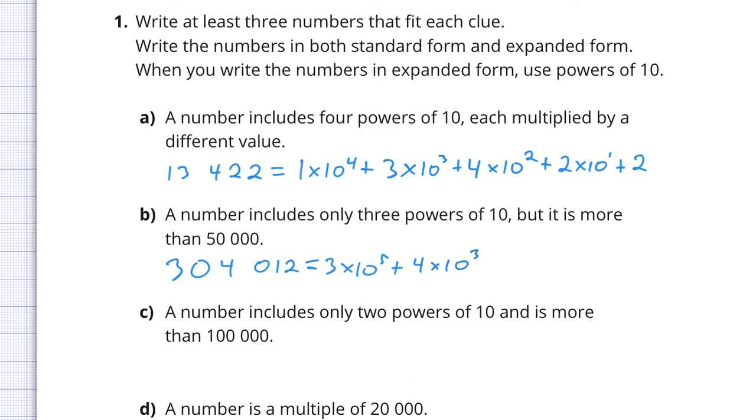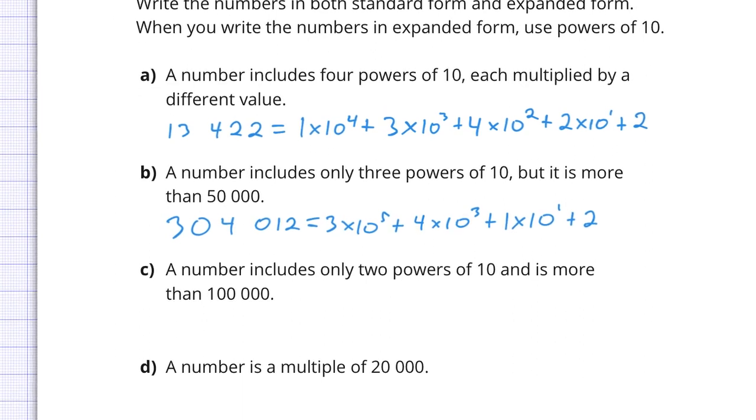We're times 1,000. Plus 1 times 10 to the power of 1 plus 2. So again, we only included the ones that had value. So we have 3 groups of 100,000, 4 groups of 1,000. We had 1 group of 10, and then one lonely ones spot.